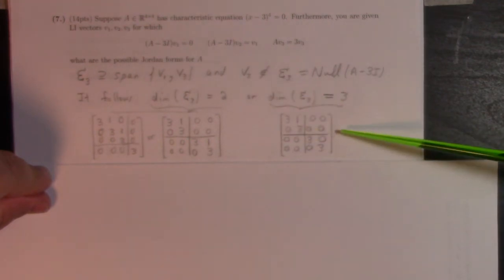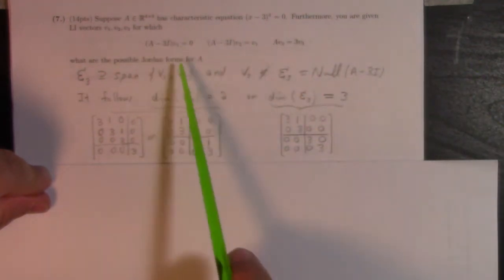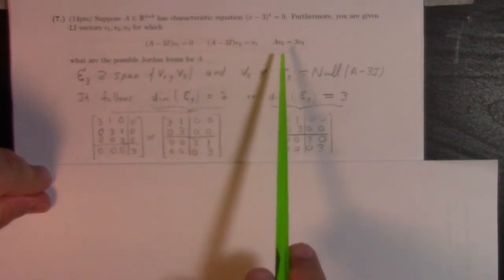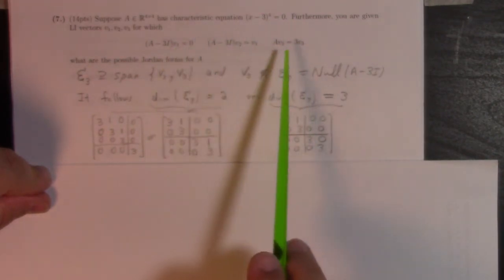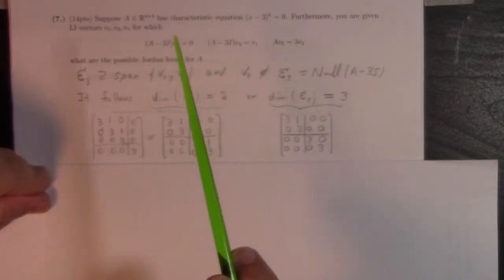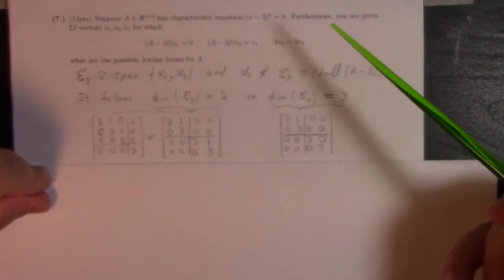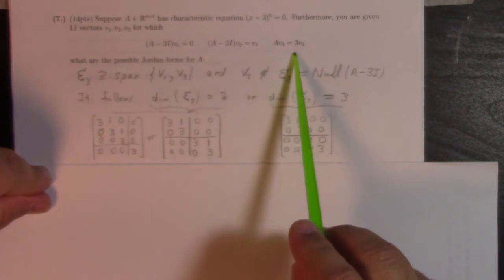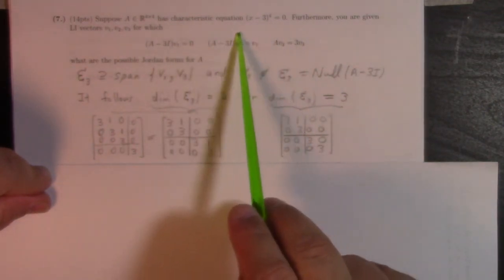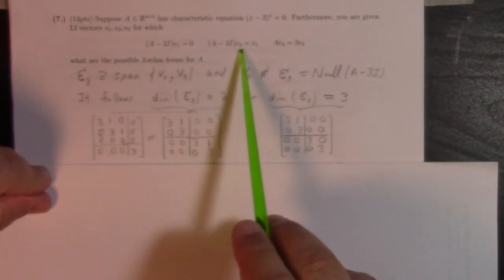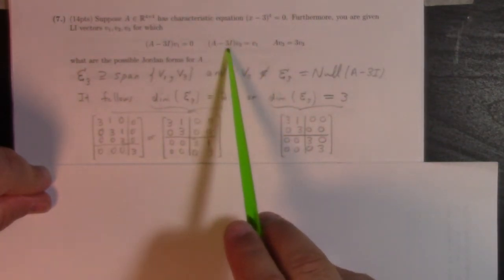But the larger point here is this is an eigenvector, that's an eigenvector, so we have two eigenvectors. Each Jordan block has one eigenvector, I should say. So this already tells me that there are at least two Jordan blocks, all right? On the other hand, V2 is a generalized eigenvector of order 2 for eigenvalue 3.